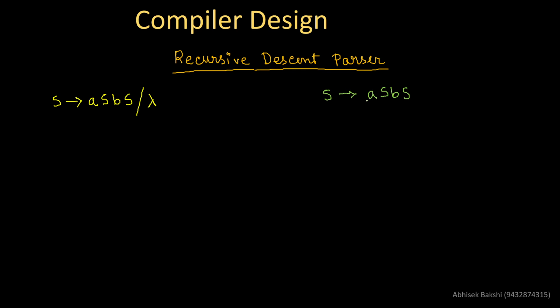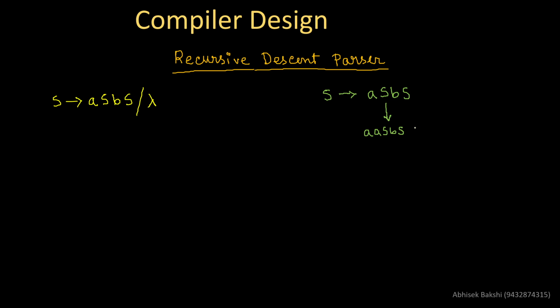Now let's do one thing. Let's just expand this S, we want to explore this S part. So I can write this S as again ASBS, and obviously other things will remain the same here.